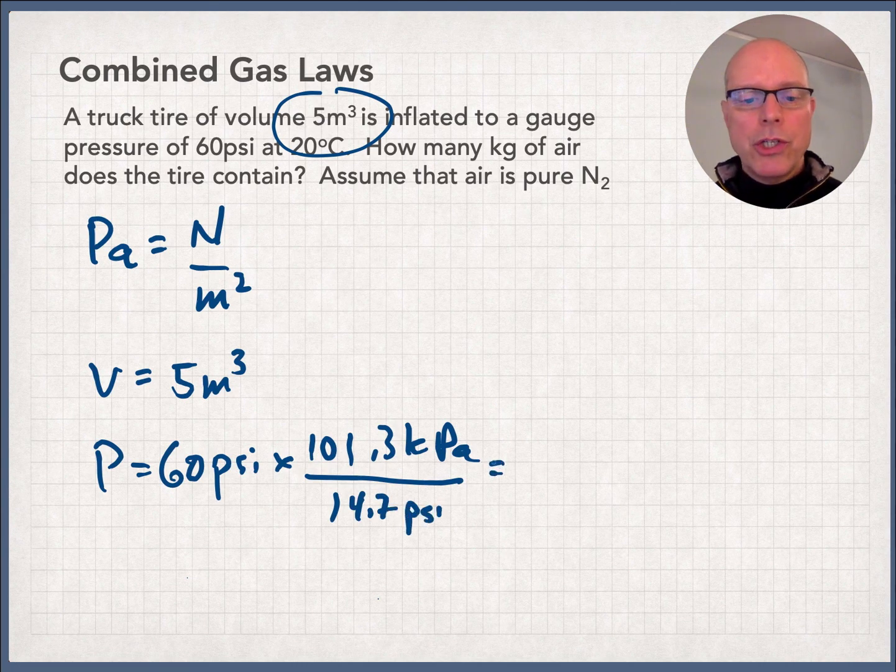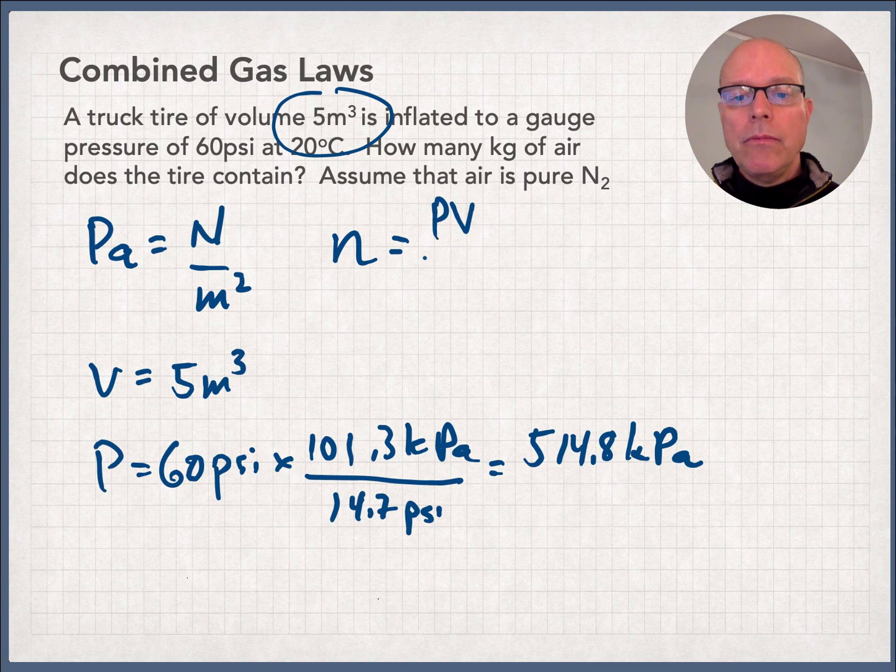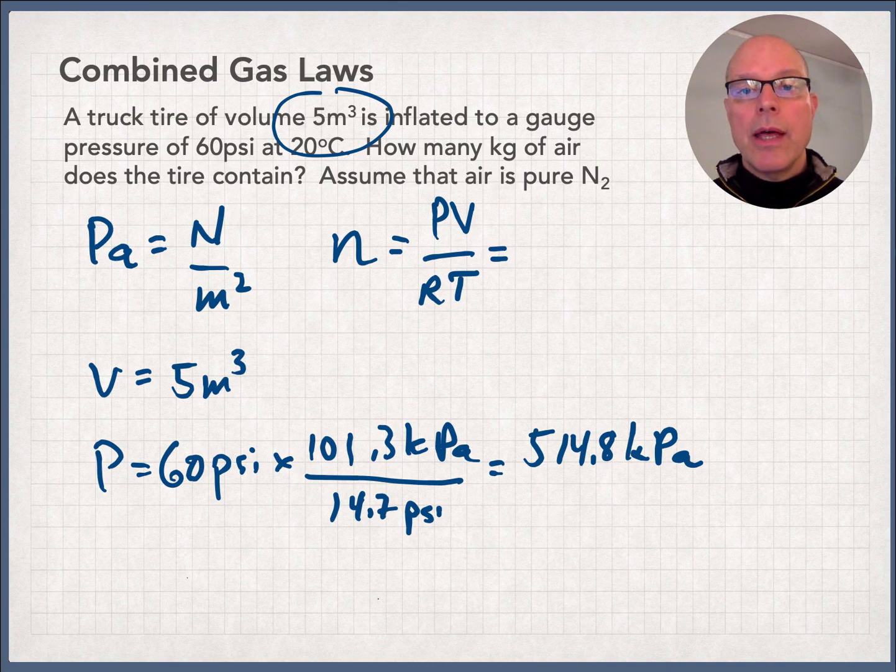So I convert the pressure unit, and what that ends up being is 514.8 kilopascals for my unit of pressure. And then everything else I think is pretty straightforward and good to go. So I'll just go ahead and rewrite my n equals PV over RT. And let's go ahead and I'll pause the slide deck, pencil in the choices that I made, and you can see how that happens.